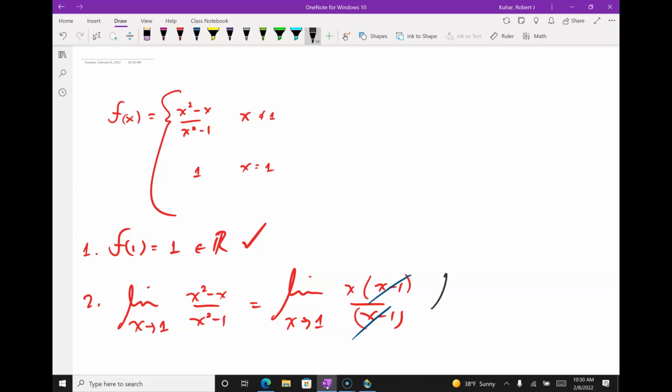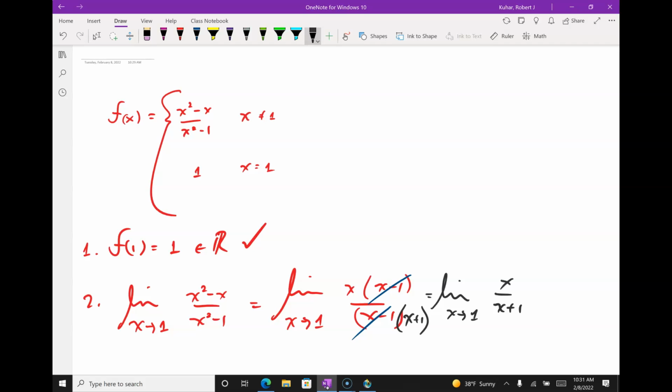So I'm looking at the limit. Did I make a mistake there? Oh, yes, thank you. x plus 1, x minus 1, right? So the limit as x goes to 1 of x over x plus 1.